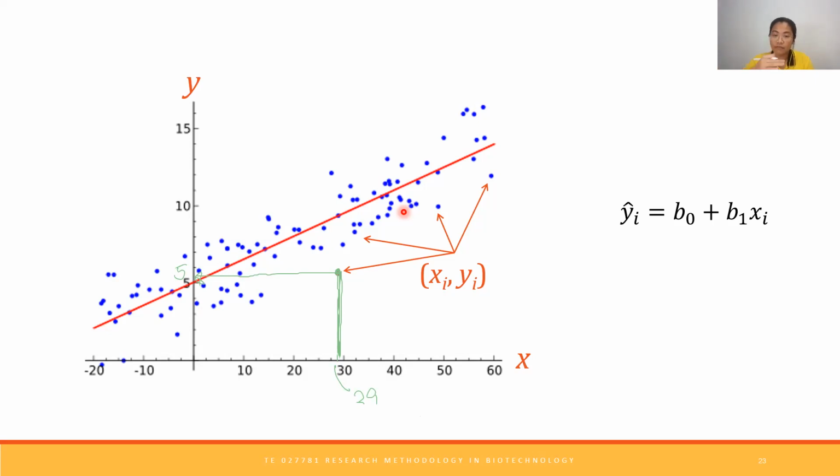The point is that after you decide to make a regression, the equation of the regression predicts how the set of data will relate. At your x of 29 on the regression line, your y is no longer 5, it would be like 9. That's why you have values from the experiment and values from the regression line.